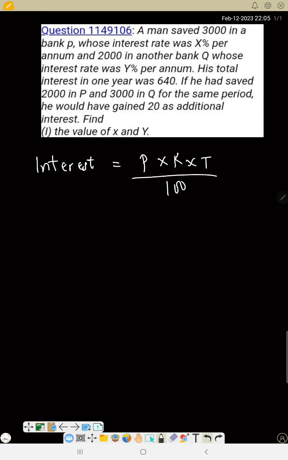So now according to the question, we have a man saved 3,000 naira in bank P whose interest rate was x percent per annum. That means the interest for bank P now is equal to principal 3,000 times rate x times time 1 because it's per annum, so 1 over 100.